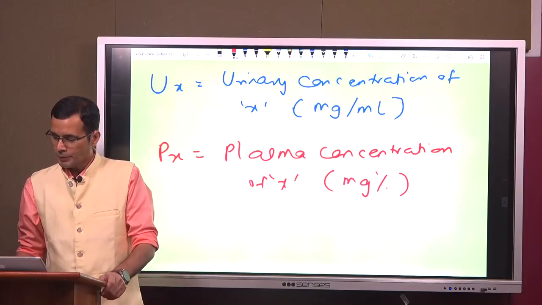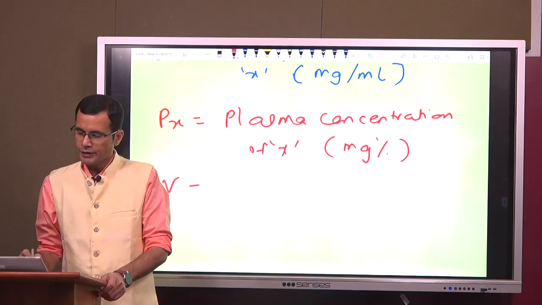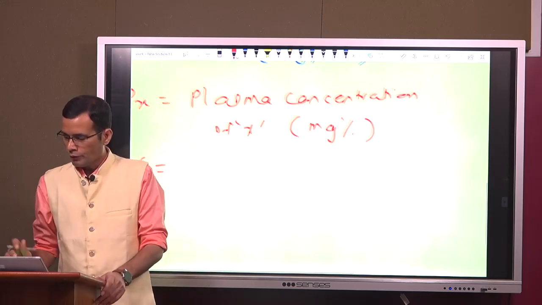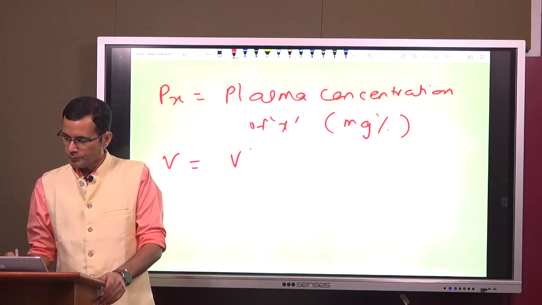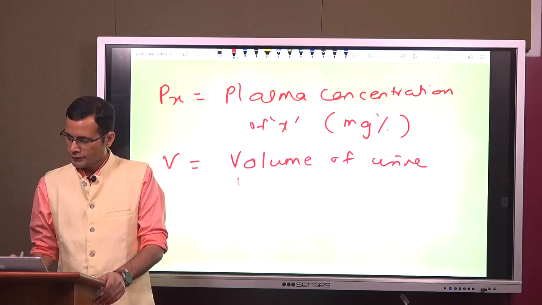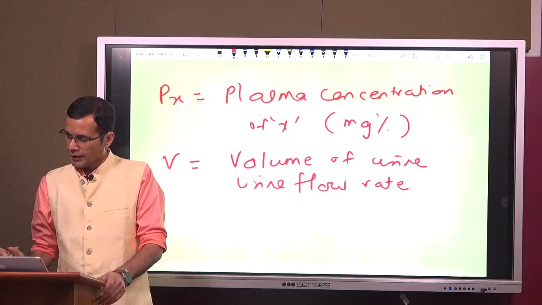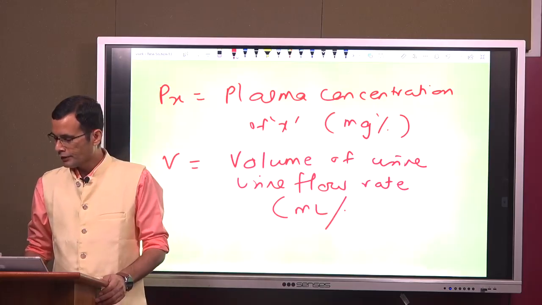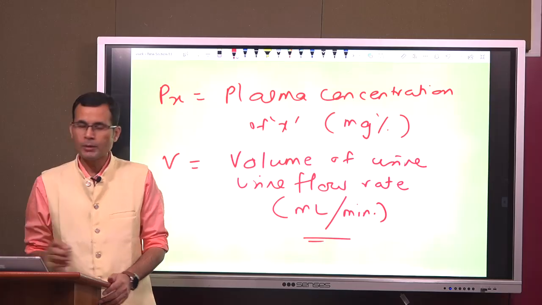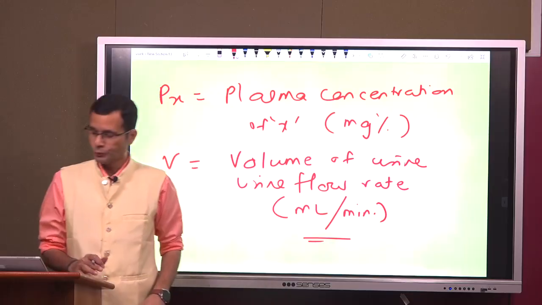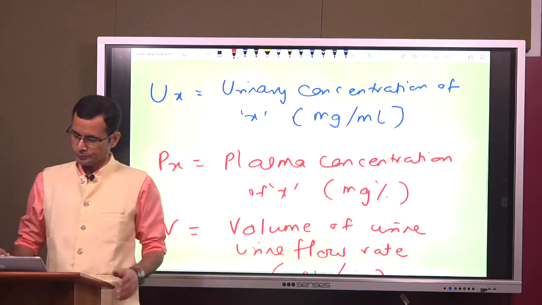Therefore, it will be milligram percent, and V is urine volume, volume of urine per unit time, or also called urine flow rate, and that will be ml per unit time. Let's take it per minute, it could be per hour, per day. So that's volume of urine or urine flow rate, right?